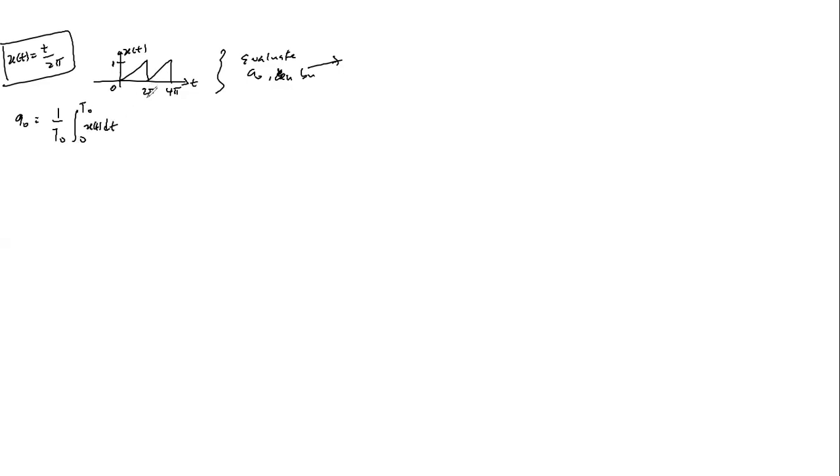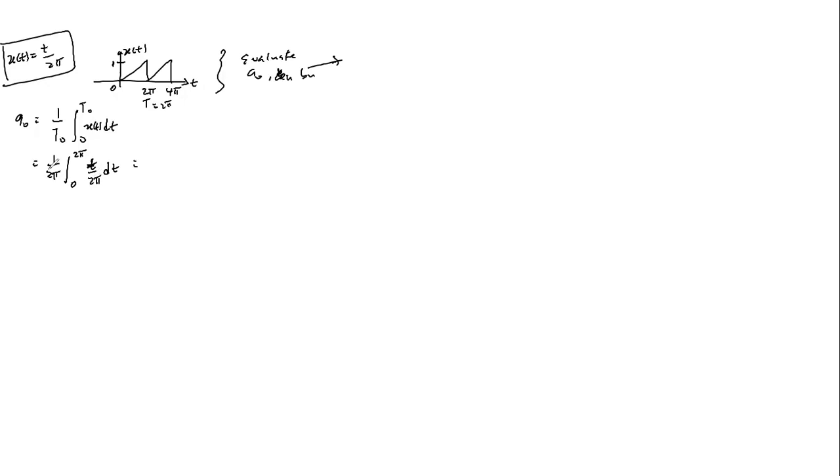So T0 is 2 pi. So this will be the same as 1 over 2 pi integral 0 to 2 pi, s of t is t over 2 pi, dt.